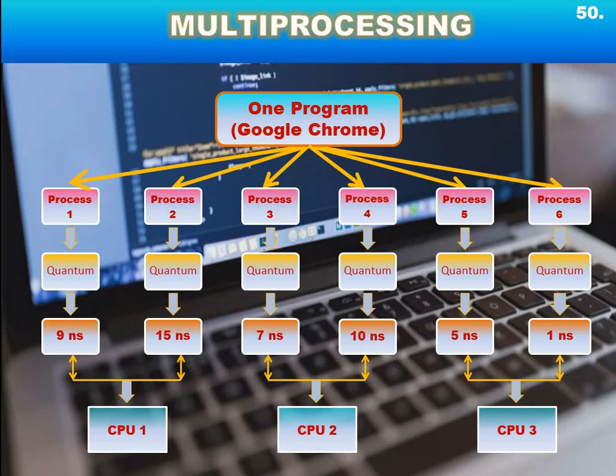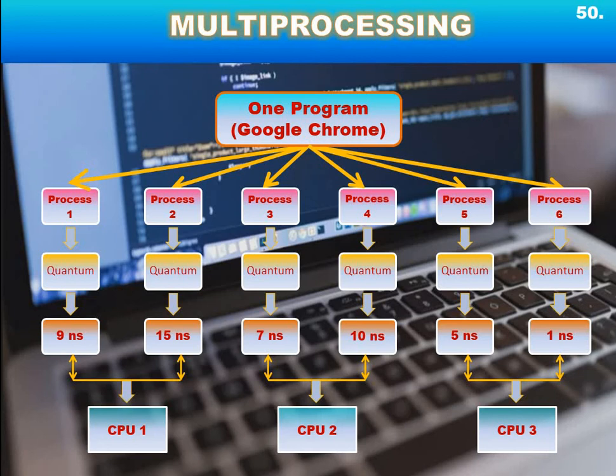There are 6 processes, 1 program, and 1 program has further 6 subtasks. This one program is divided into 6 parts, and there are 3 CPUs available. So 3 CPUs can handle 6 processes, meaning each CPU would be able to handle 2 processes each.